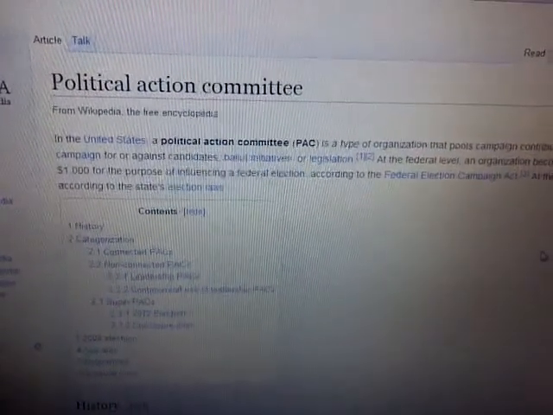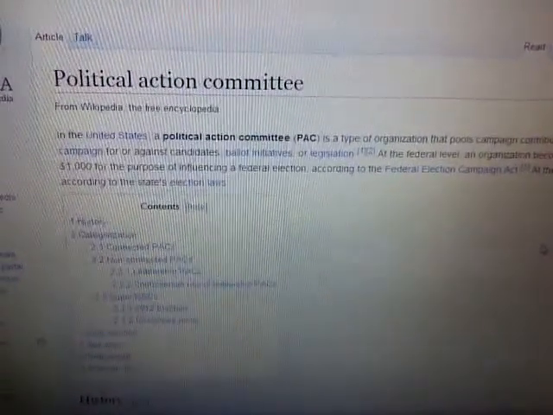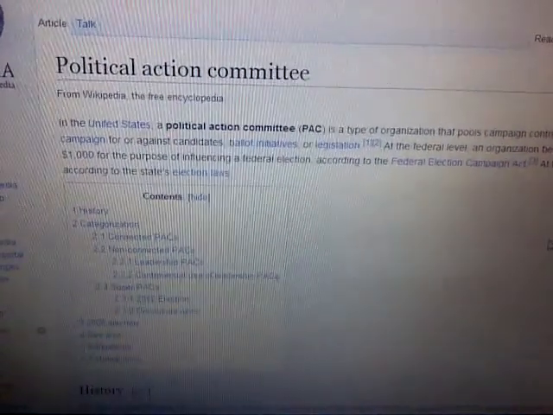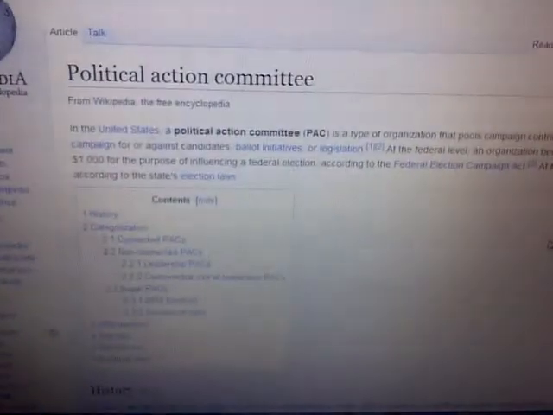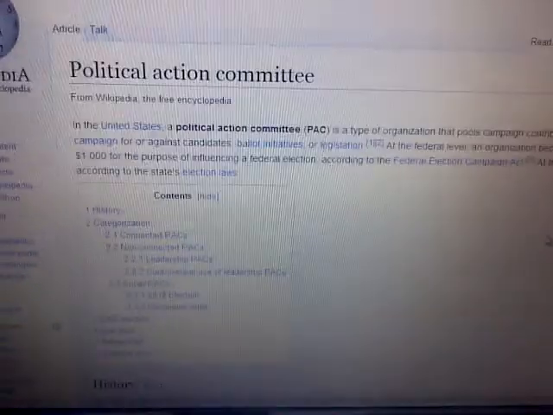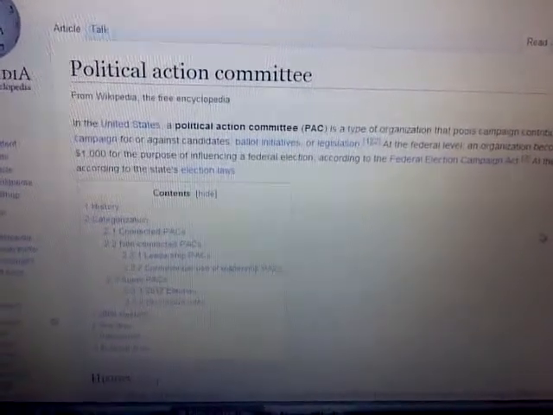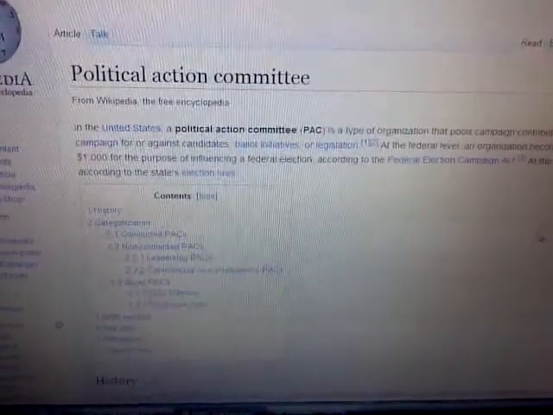You'll be like, wow, there's that many people who are Bitcoin users, or cryptocurrency users. It could be a super crypto PAC. It doesn't have to be Bitcoin in particular. I mention Bitcoin a lot because that's the main thing right now, but it can be an overall cryptocurrency PAC.